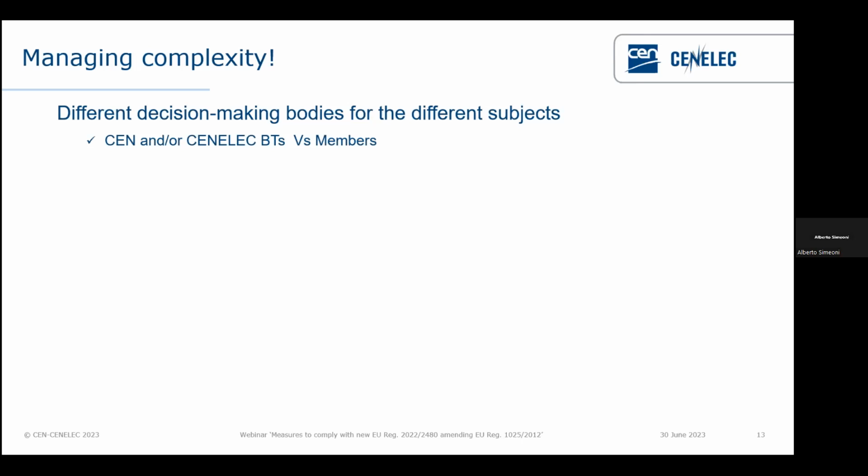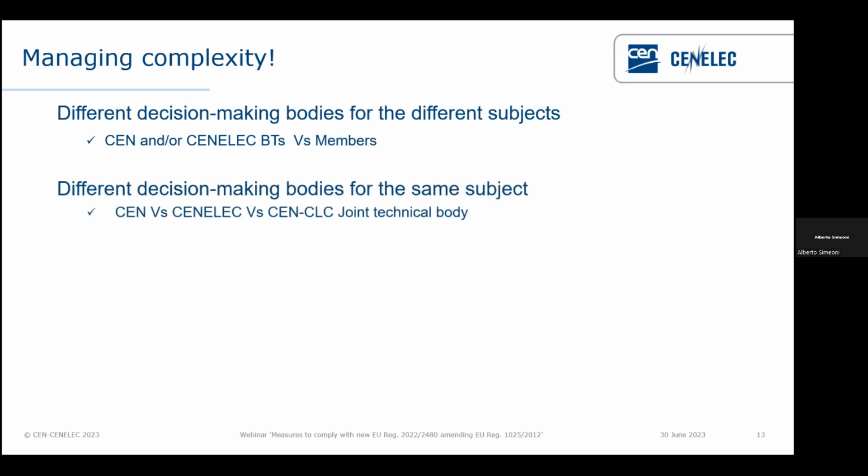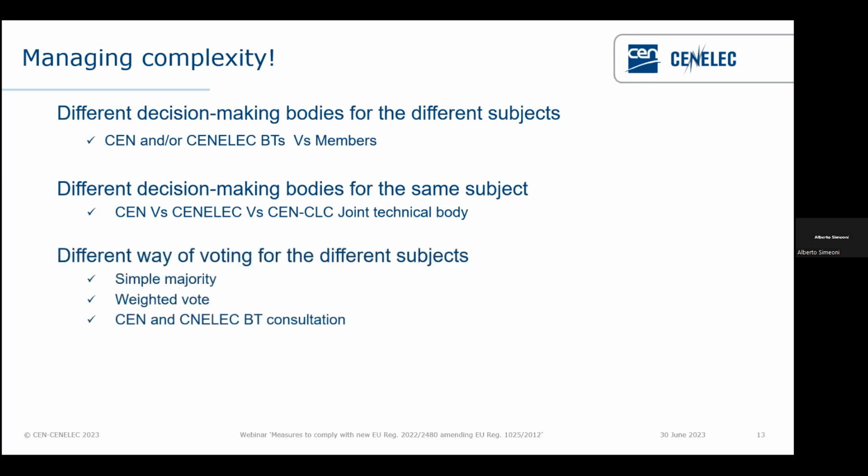The BTs take some decisions, for instance, on the acceptance of the standardization request, while members decide on the approval of an EN or TS deliverable. But we also have different decision-making bodies for the same subject. We can have a different approach if it's a CEN TC, where, for instance, the creation of new work items is a delegated decision to the TC, while for CENELEC and for CEN-CENELEC joint technical committees this is not yet the case.